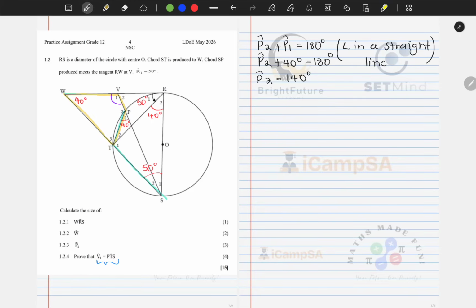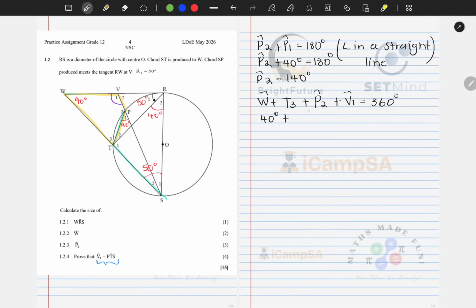Now we can add all the inner angles. So we can have angle W, plus T3, plus P2, and then plus V1. Remember when you sum angles of a quad, they add up to 360. Angle W, we already have, it's 40.